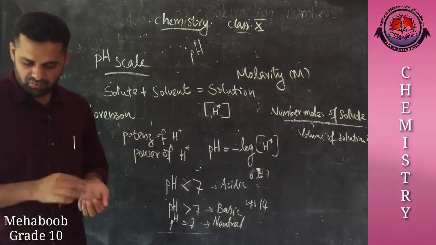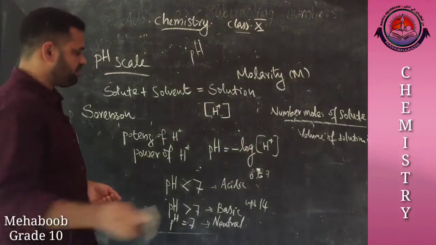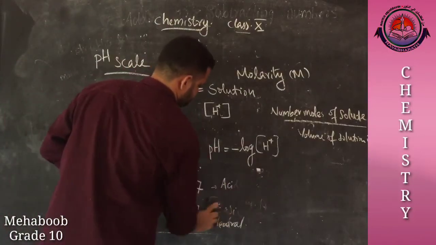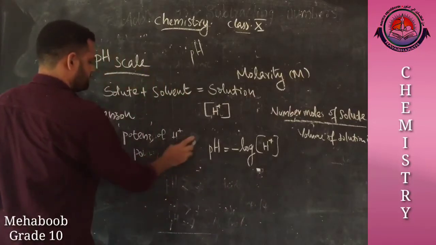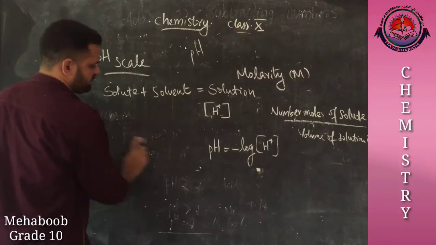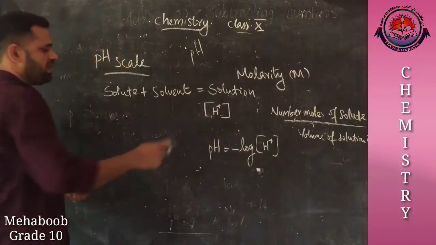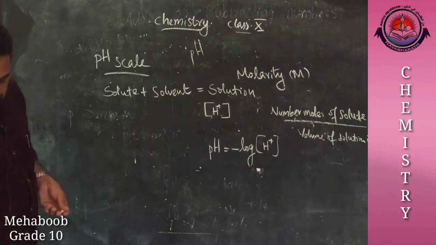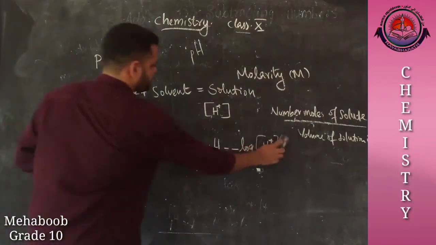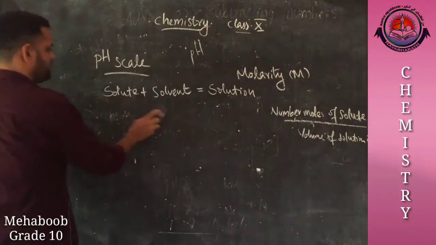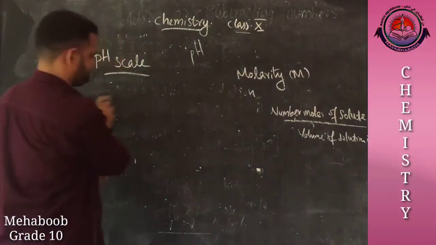Now let us see how we can find out the value of pH. This is the equation to find the value of pH: pH is equal to negative logarithm of H plus ion concentration.